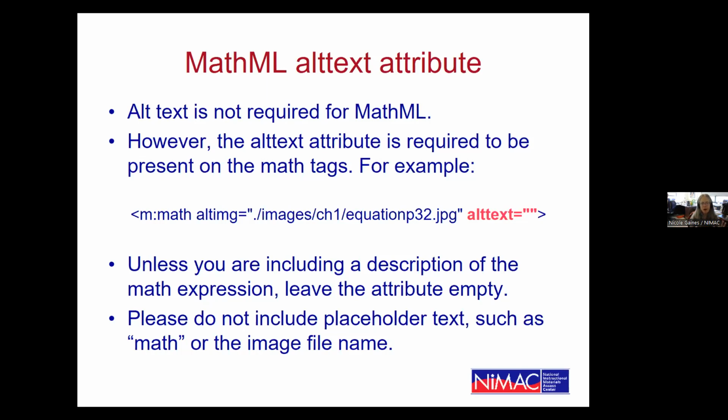Don't include a placeholder text such as the word equation or the image file name. That kind of content is not useful when the file is converted, and it's just an extra step for the user to strip it out. So it's fine not to include a description, totally fine, but just leave that attribute empty.